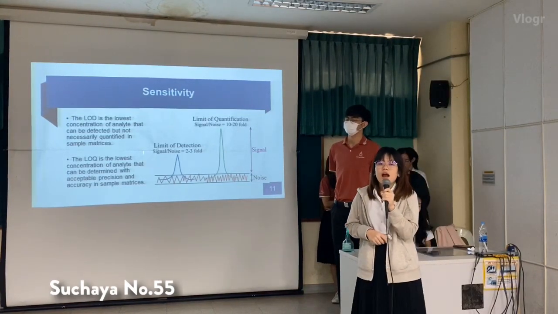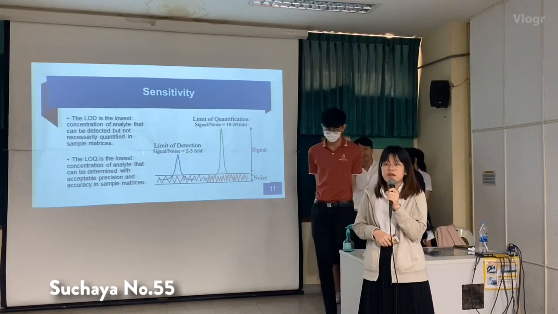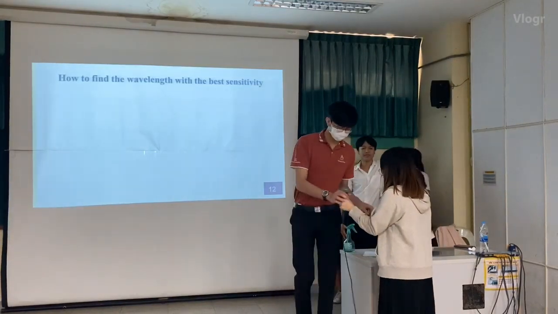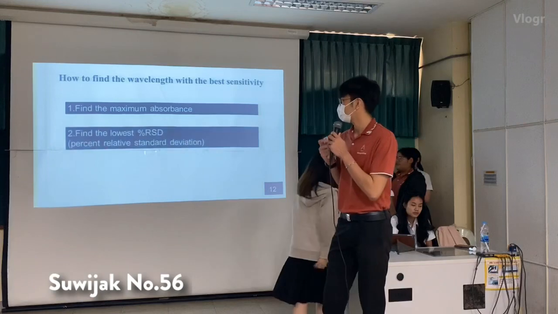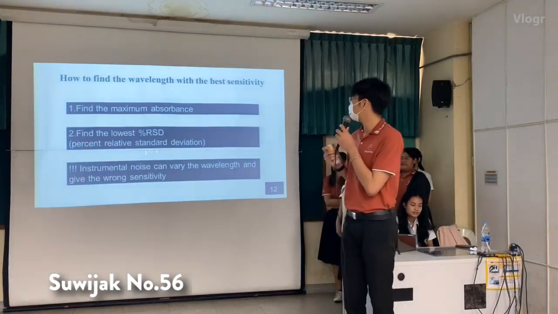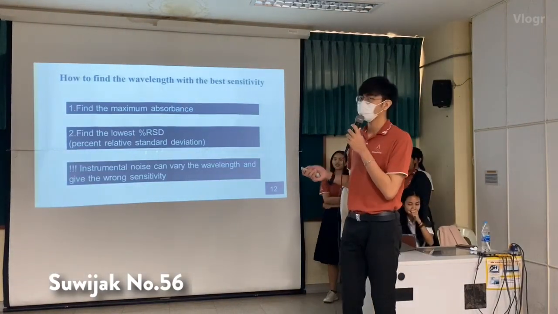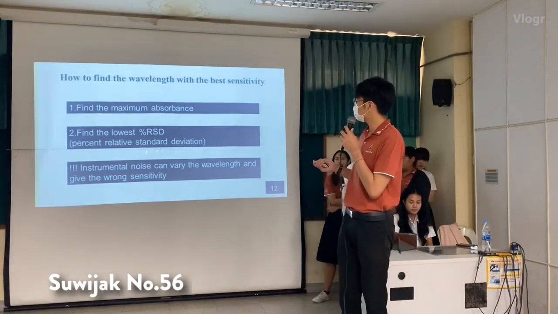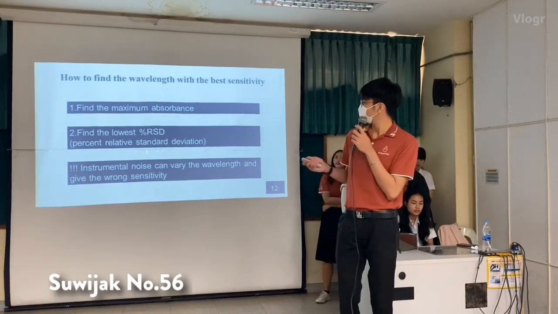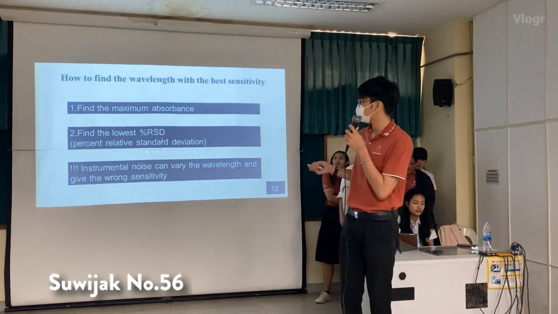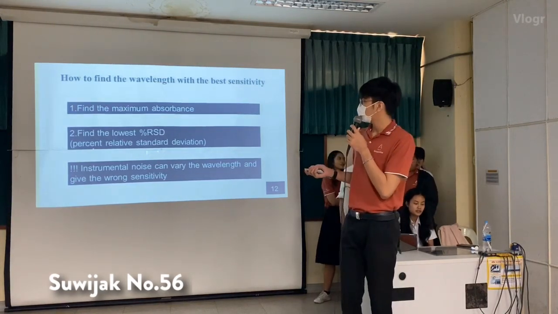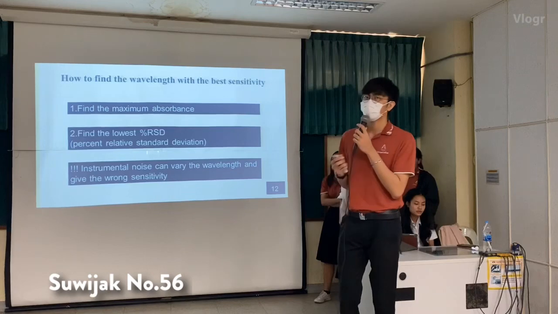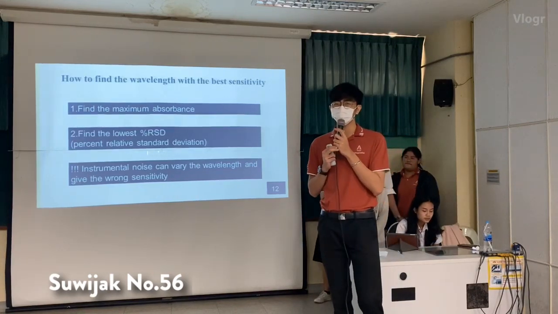And next, how to select the best sensitivity, and how to find the wavelength with the best sensitivity. It is often estimated that the wavelength with the maximum absorbance and the wavelength with the lowest percent RSD, or percent relative standard deviation, likely will yield the best sensitivity.